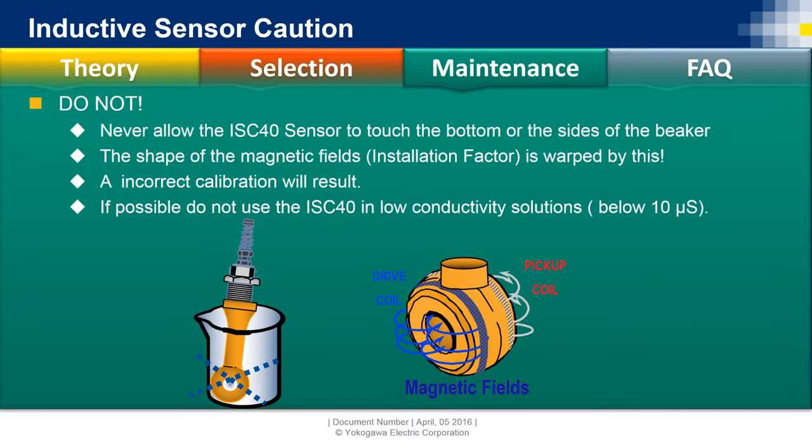When you're calibrating that inductive sensor, remember it's like a transformer. It generates a magnetic field. So if you just have a beaker and you place that donut and it's touching that beaker, measure it in there with water and have it sit against the glass beaker. Now take it and put it directly in the middle. Hold it still in the middle.